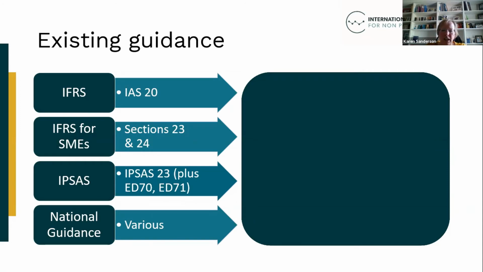First is IAS 20 in the IFRS suite of standards that covers the accounting for government grants and disclosure of government assistance. Then sections 23 and 24 of the IFRS for SMEs standard, and there is a specific standard in the IPSAS suite of standards, IPSAS 23, that covers revenue from non-exchange transactions, much of which we've been talking about already.